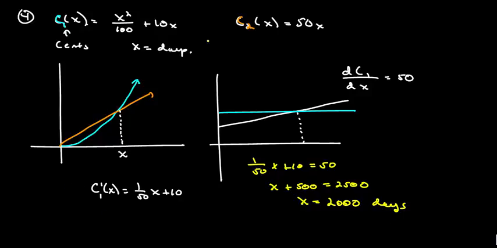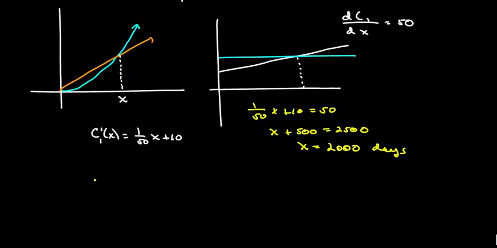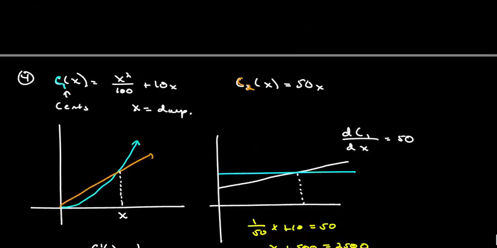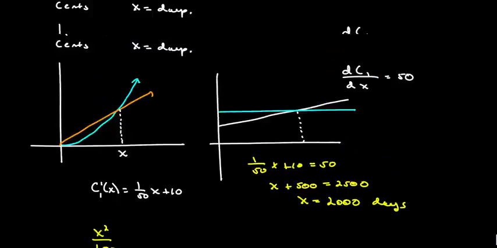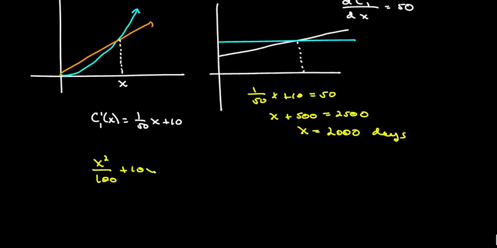Now let's quickly check to see if that works as well over here. It's going to be a lot harder to solve that one, well, I guess it's not so bad. So we would have x squared over 100 plus 10x is equal to 50x. So x squared plus 1000x is equal to 5000x.